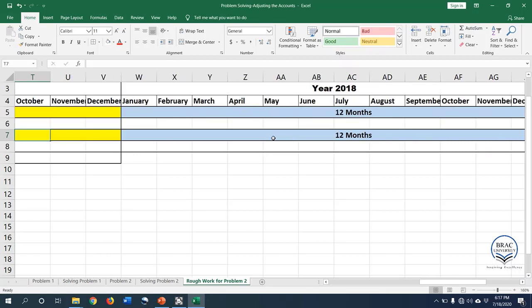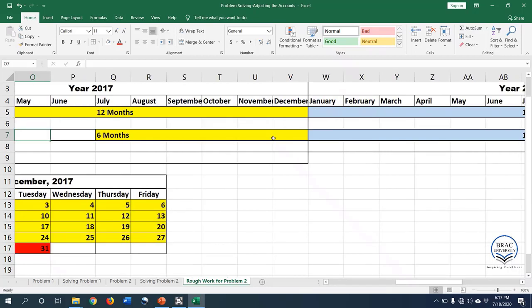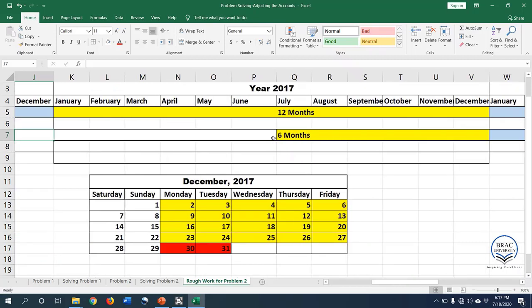As I have already mentioned, in our adjusting entry, we will just focus on how many months of our accounting period we should record, or cover. So as you can easily see by the yellow marking, this insurance policy covers only 6 months of this particular year 2017.